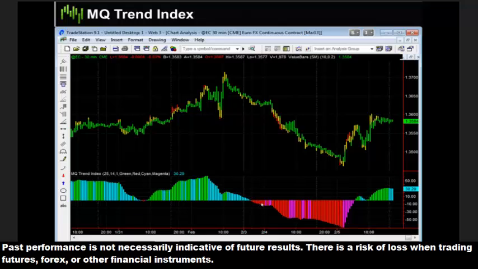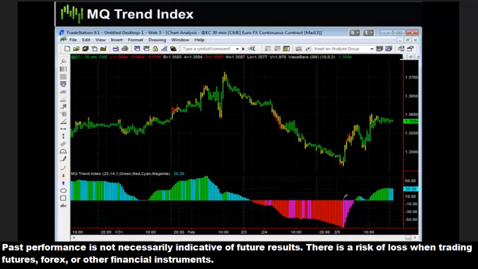The red histogram bars here on the bottom represent a downtrending environment, and the magenta bars are communicating either a reversal or consolidation. One nice thing about the MQ Trend Index is it's very responsive for a trending indicator. I'll go ahead and pull out my pen here and use orange as a color.